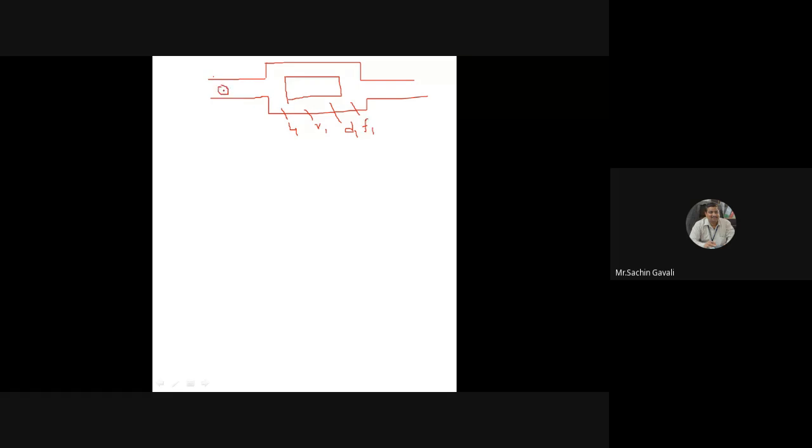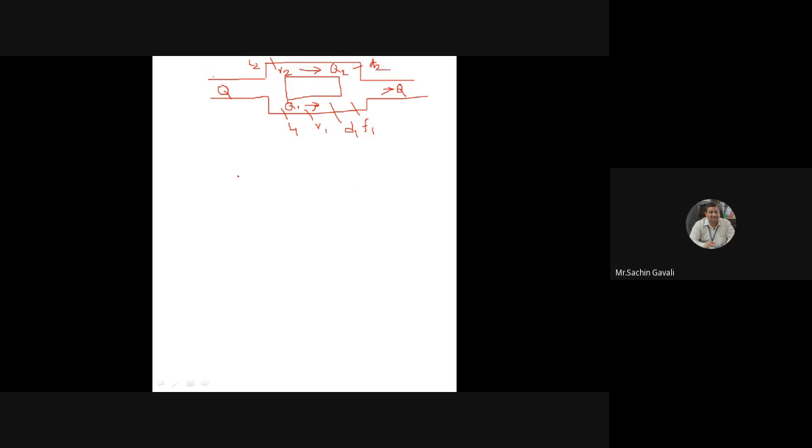Discharge flowing in this pipe is Q1, and in this pipe is Q2. Again it will become Q. This pipe has length L2, velocity V2 and diameter D2.